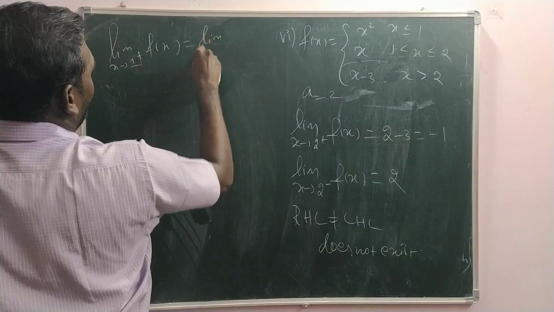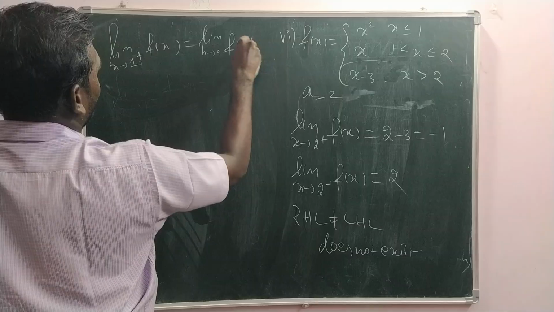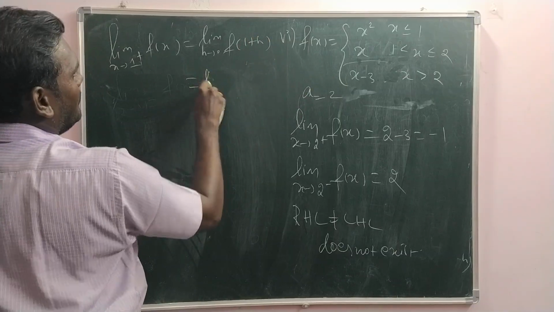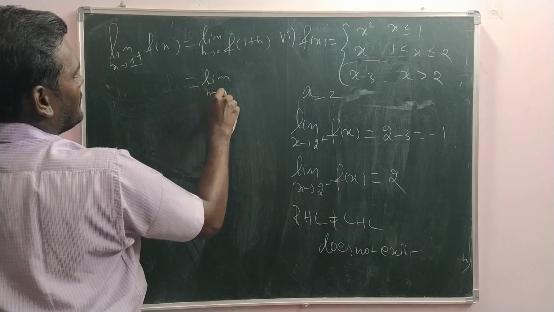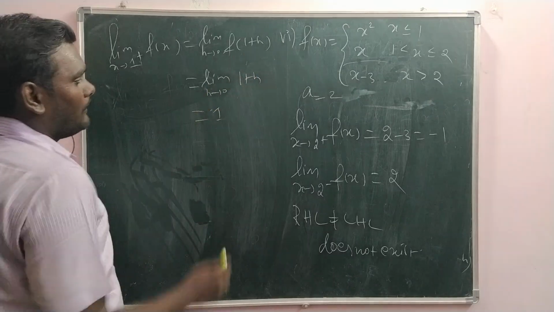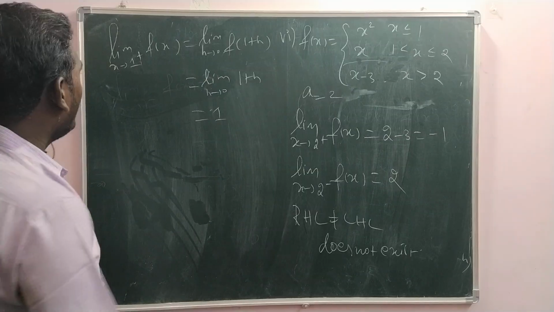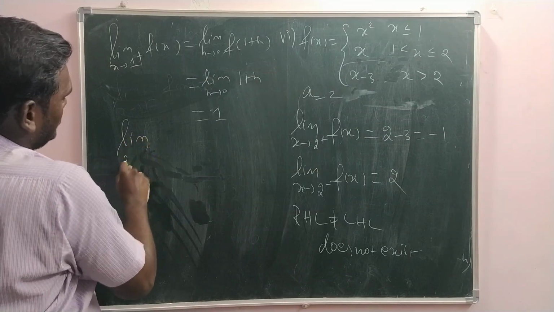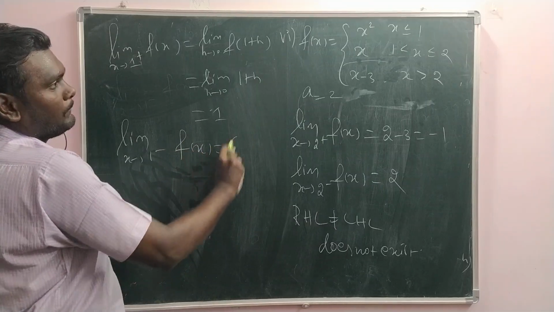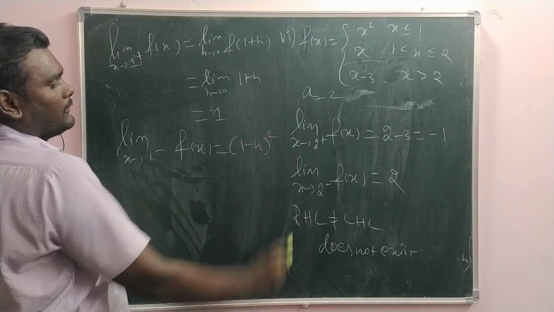How? You want me to show that? See, limit h tends to 0, f of 1 plus h. So 1 plus h means here also limit h tends to 0, the substituted value will come, that is 1 plus h. h becomes 0, this is plus 1. The same way 1 minus also. 1 minus means what? It is 1 minus h whole square.